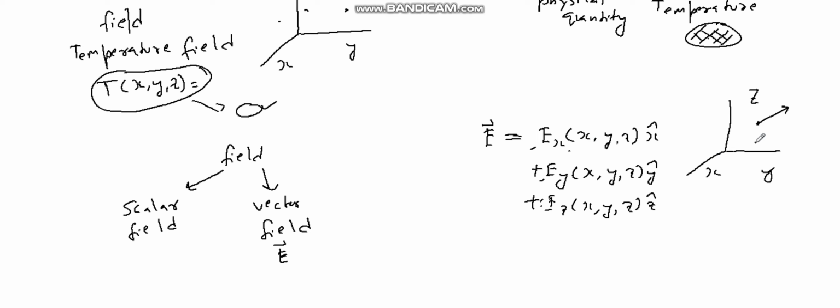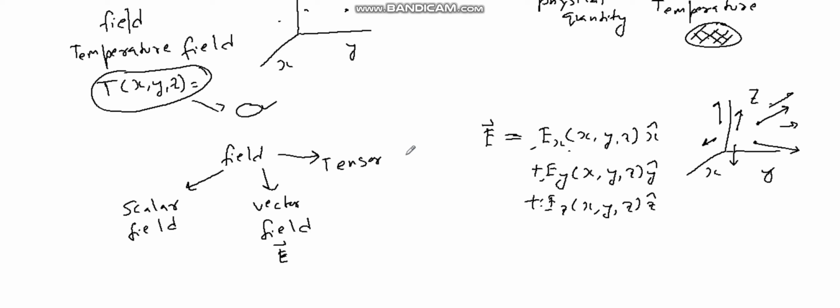But at another point the electric field may be different, its magnitude and direction may be different. So all over the space the electric field has different values and different directions, and this whole thing is what we call the electric field, or in general the vector field.